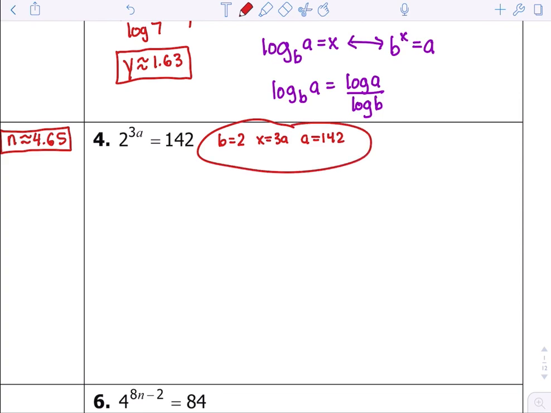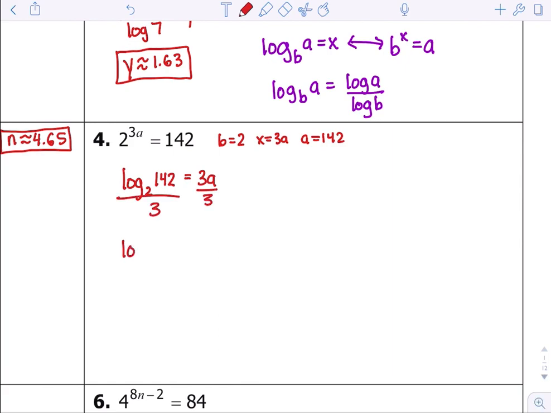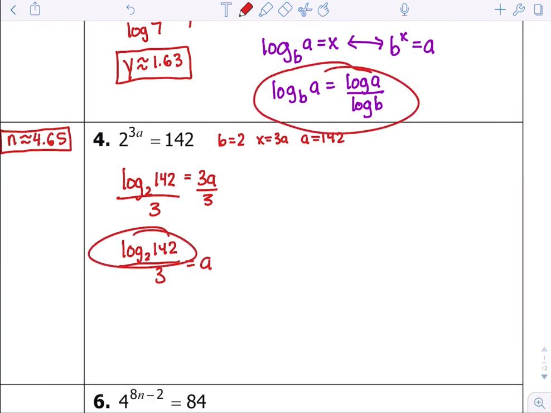Now plug these in and make it go into log form: log base 2, which is b, of argument 142 is equal to 3a. Here you just isolate the a by dividing both sides by 3, so we have log base 2 of 142, all divided by 3, is equal to a. Now we change this to the change of base formula.